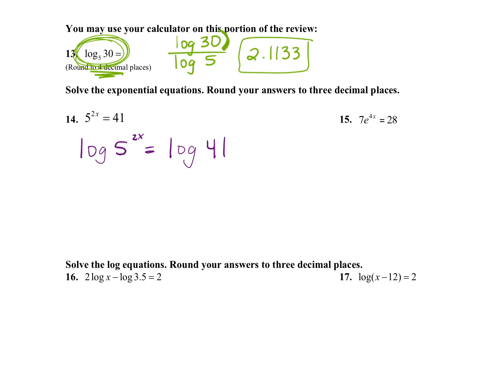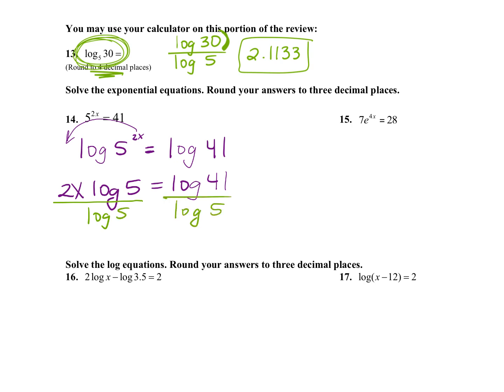Whatever you do to one side, you have to do to the other. Then move that 2x out in front. 2x log 5 equals log 41. What do you do next? Divide by log 5.